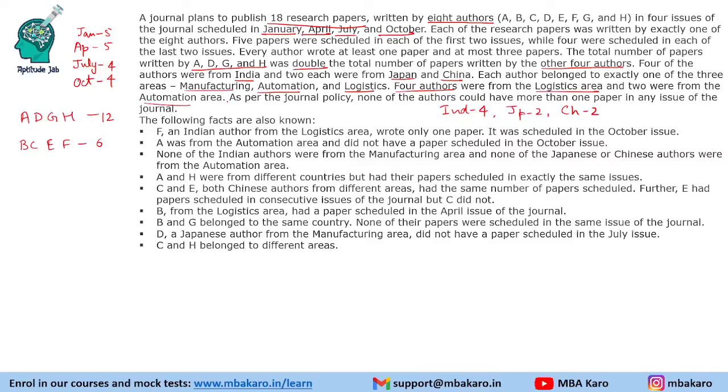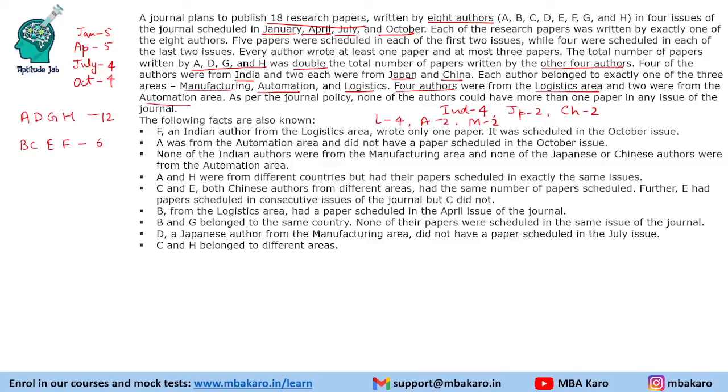So 4 logistics, 2 automation and 2 from manufacturing. So we have intense data given: the number of authors writing different papers, belonging to different countries and in different issues, and we have 3 different areas also.